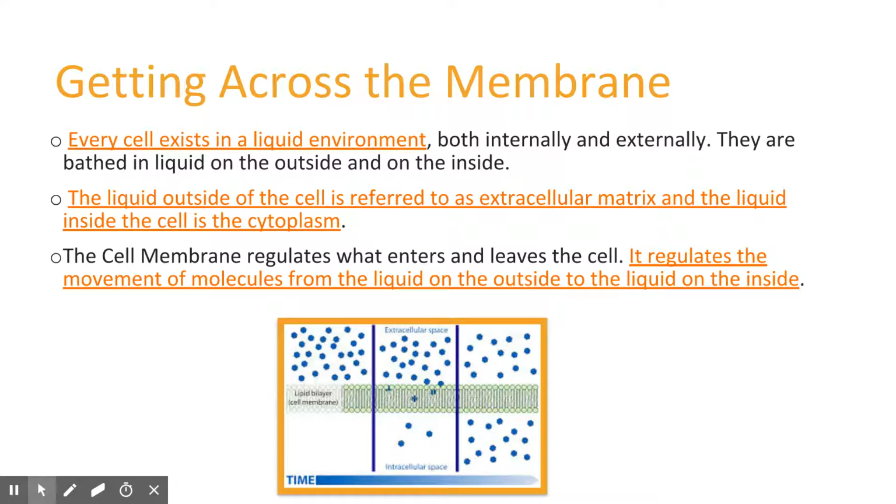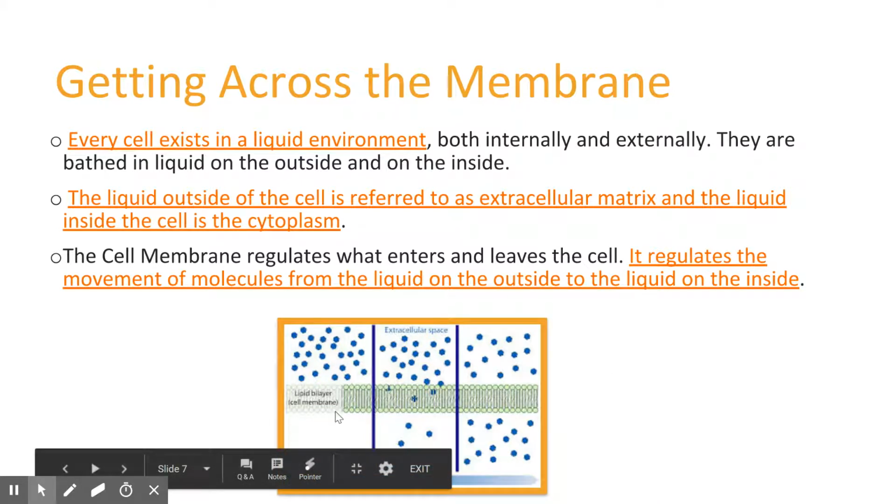So basically, it is going to be regulating the movement of molecules from the liquid on the outside of the cell to the liquid on the inside of the cell, or vice versa. You can see down here, we have our membrane. You're starting off with a lot of particles outside the cell. Those particles are going to be moving inside across the membrane until we get a pretty even distribution.